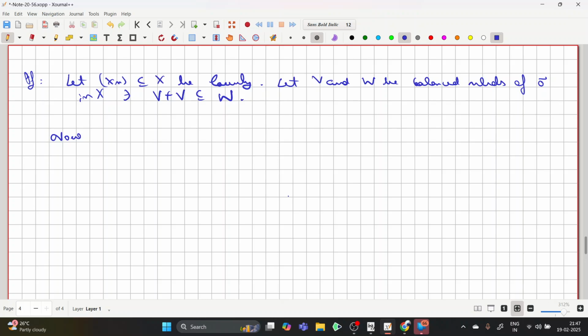So now, from the usual definition, by which I mean the topological definition of Cauchy sequences.